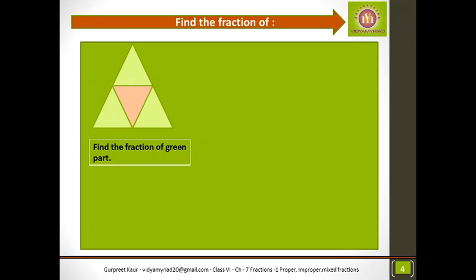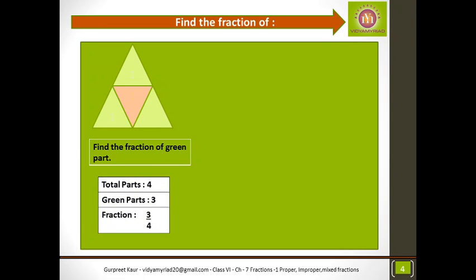But I need to know the fraction of only the green part. How many green parts are there? There are 3 green parts. So I will write the fraction as 3 by 4. The part which I need to find out will be in the numerator, and the total number of parts will be written in the denominator.